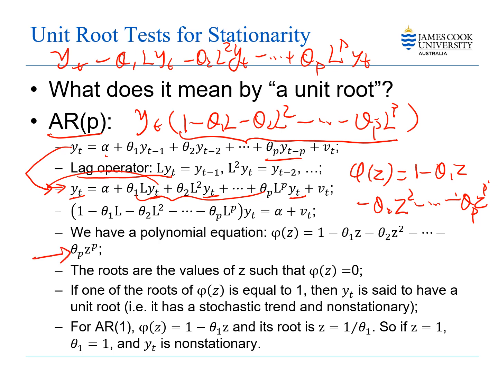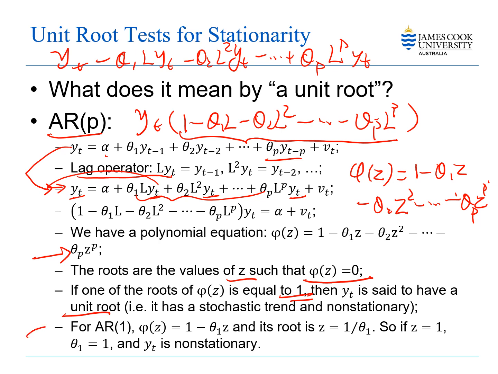The roots of this polynomial are the values of j such that the polynomial becomes zero, vanishes. Now if one of these roots is equal to 1, then y_t is said to have a unit root. That's where the jargon unit root comes from. Or equivalently, it has a stochastic trend and it is non-stationary.